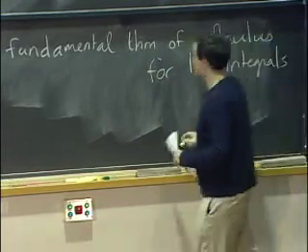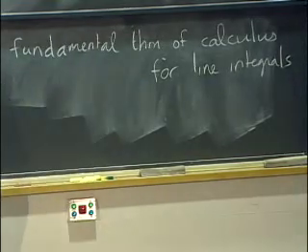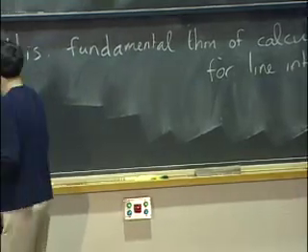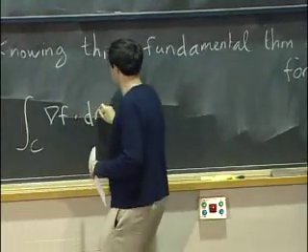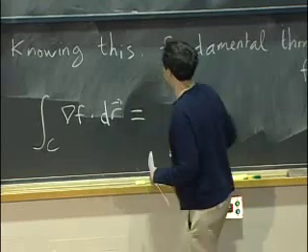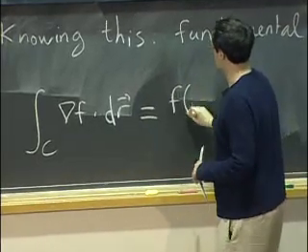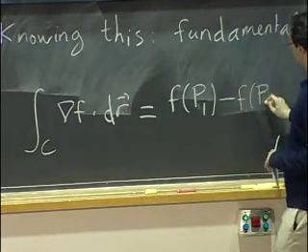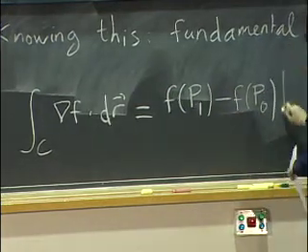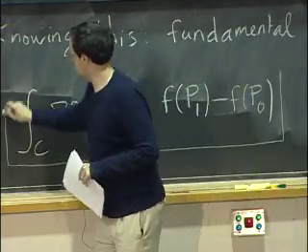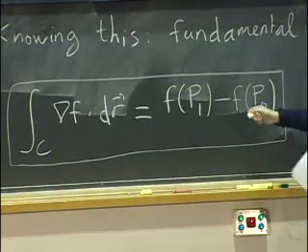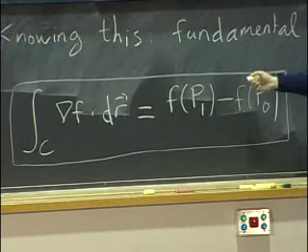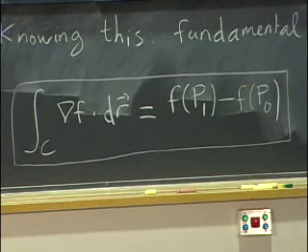So that tells us that the line integral of a gradient field is equal to the value of the potential at the final point minus the value of the potential at the starting point. Okay? And that, of course, only applies if you have a potential. So in particular, only if you have a conservative field, a gradient field.